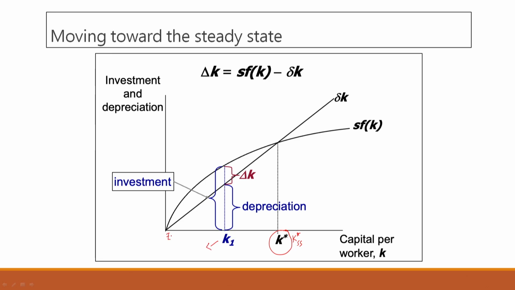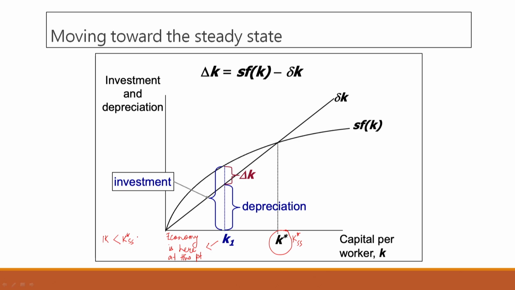is here, at this point. What does this imply? This implies that the economy is at a certain level of k that is less than k star SS.